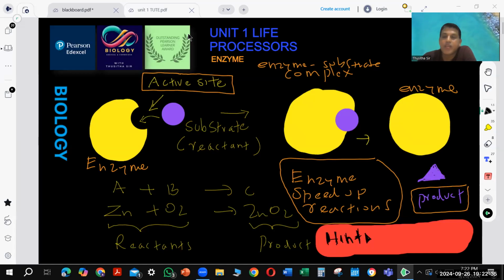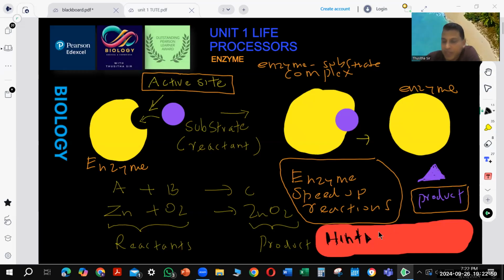Senuka, yes, it is an enzyme. Right, I think I got the names of some enzymes. Amylase, yes. Most of them are amylase and one is protease.